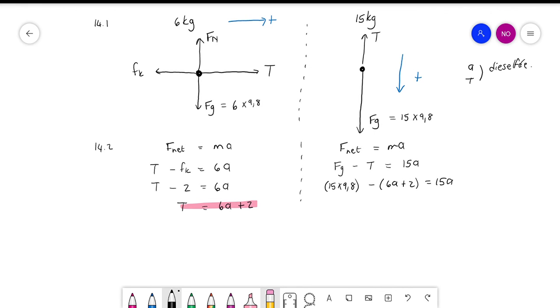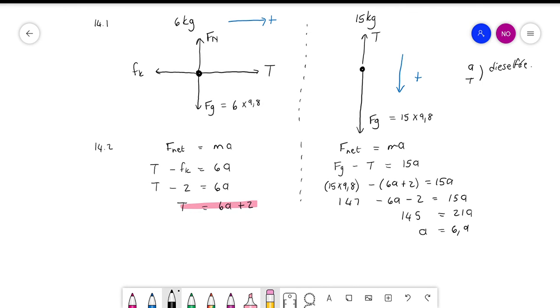So 15 maal 9,8 kry ons dan is 147 minus 6a minus 2 is gelyk aan 15a. 20a gedeeld deur 21.